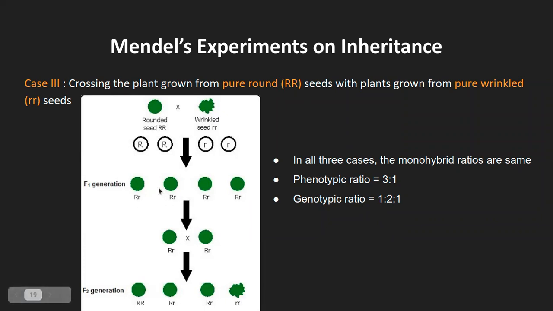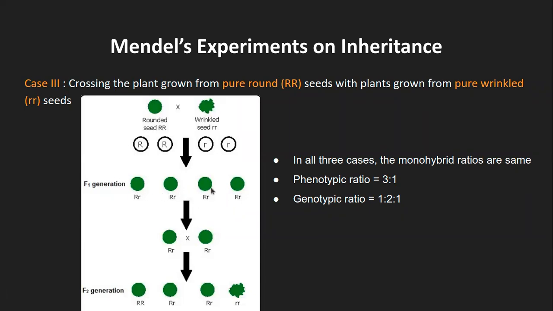And again, in the F1 generation, you will have one gamete from each side. So the possibility of combination in the F1 generation is one capital R and one small r. All of these will be round seeds in this generation, that is, the phenotype is round.